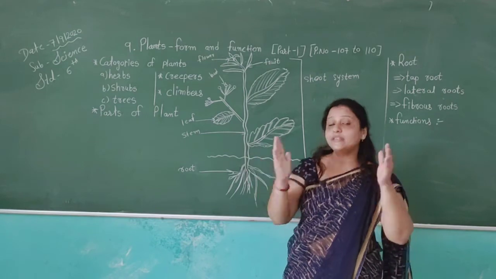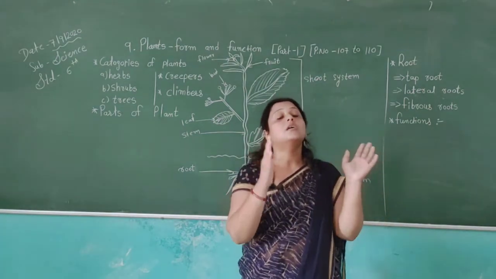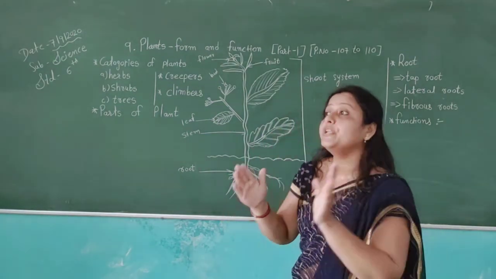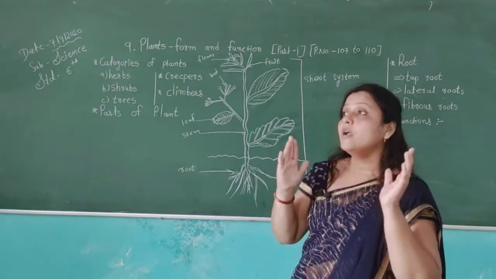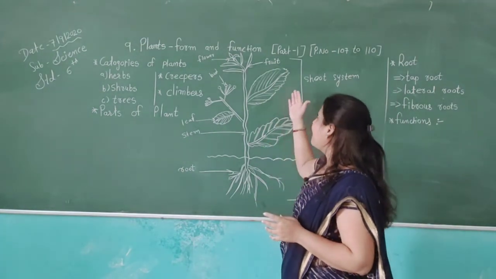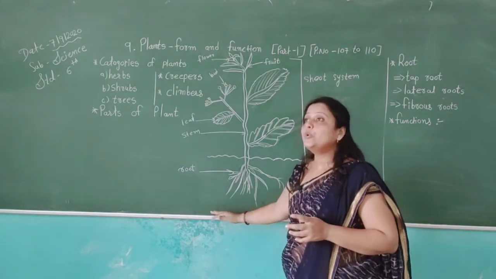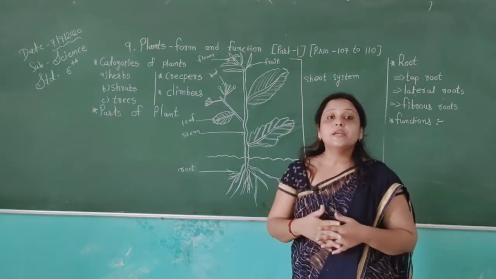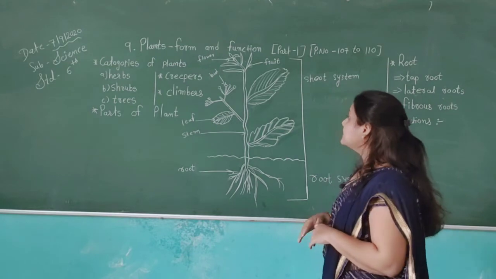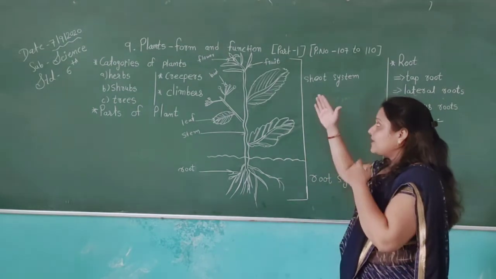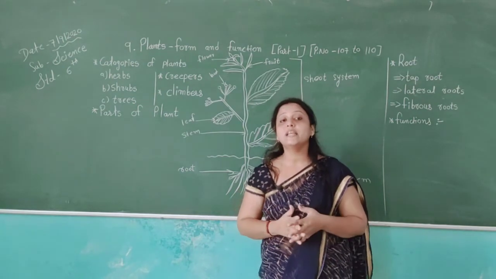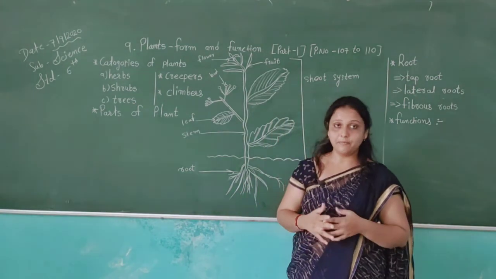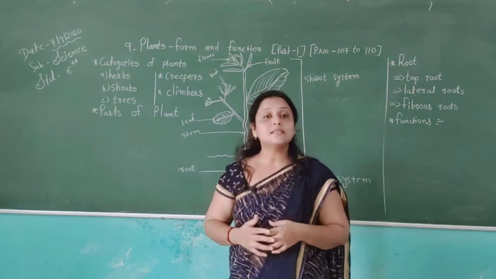In this lesson, we have learned about the different parts of the plants which are very useful for them. First, we discussed the root and how important it is for the plant. Our other topic is the other parts: leaf and stem, how they are useful for the plant, so we will discuss them next.